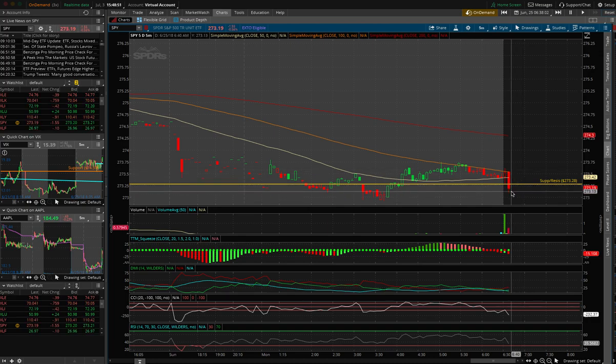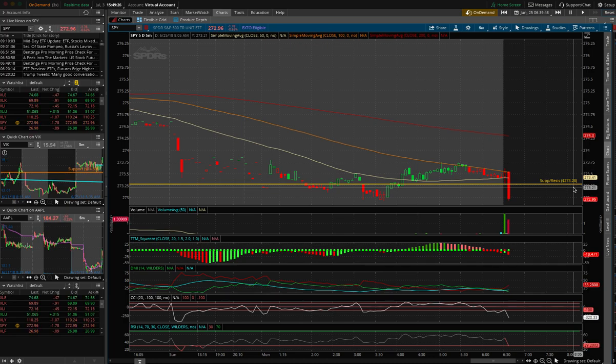You need a big red candle up, and if you're below it, you need a big green candle through it. So here is providing you a big red candle through it. So we kind of already anticipated this move because we knew 273.28 was not that great of support. It's great resistance, but not as great of support.